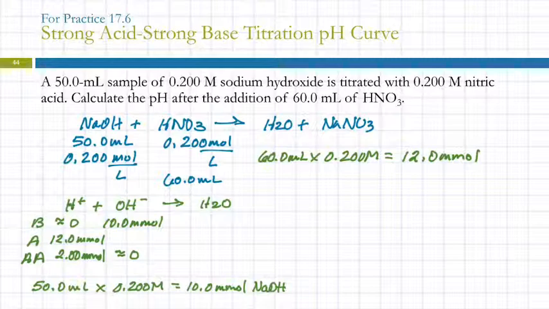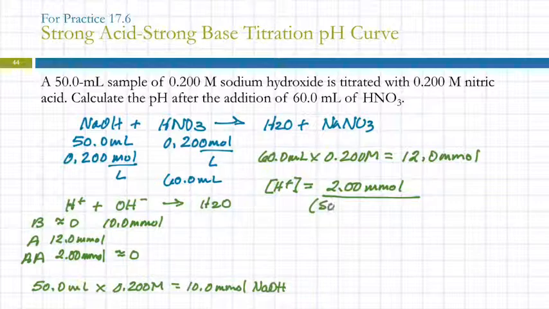So my hydrogen ion concentration is the amount of hydrogen ion, 2 millimoles, divided by the total volume. The total volume is 50 milliliters plus 60 milliliters.